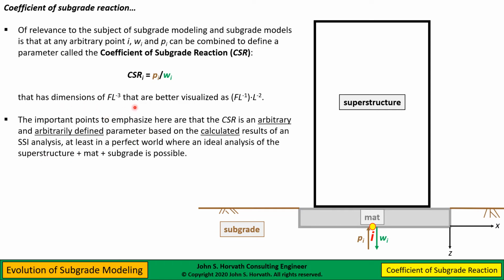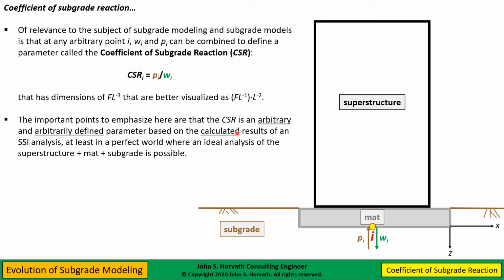I cannot emphasize too much that this coefficient of subgrade reaction is, first of all, an arbitrarily defined parameter. I mean, I could call this ratio of calculated subgrade reaction to calculated settlement in this ideal analysis anything I want. So this term is certainly arbitrary.